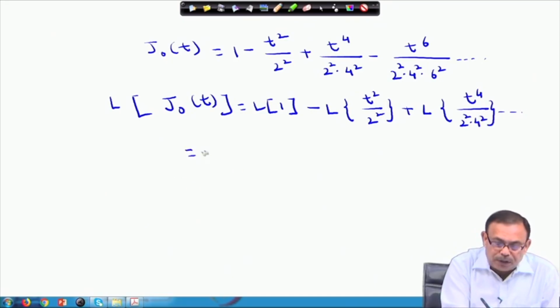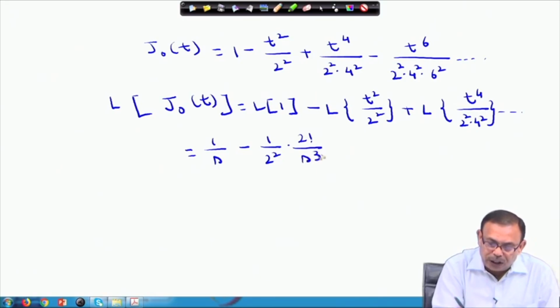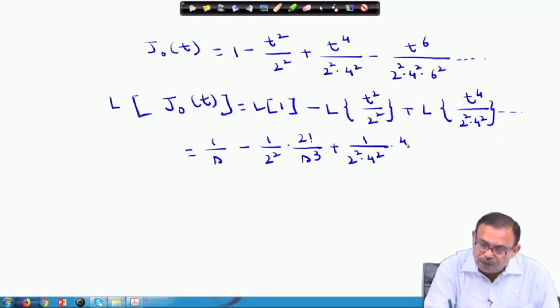And I know the Laplace transform of each of them. The Laplace transform of 1 is 1 by s, and 1 by 2 square will go out. So, the Laplace transform of t square is factorial 2 by s cube, we can do it easily, plus 1 by 2 square into 4 square, with t to the power 4 giving factorial 4 by s to the power 5, and it will continue like this.